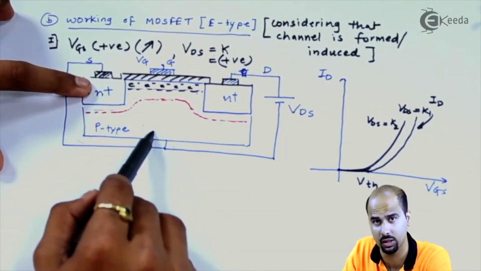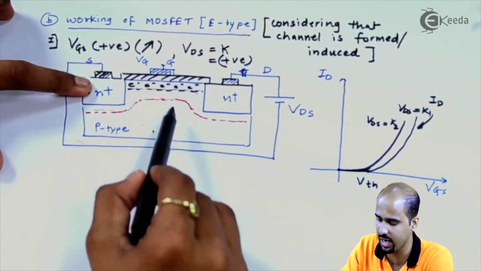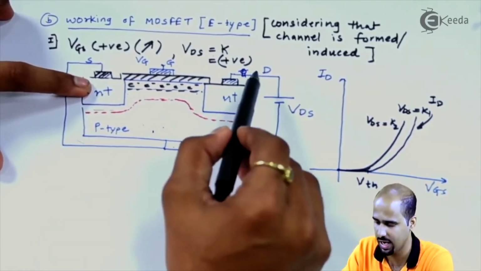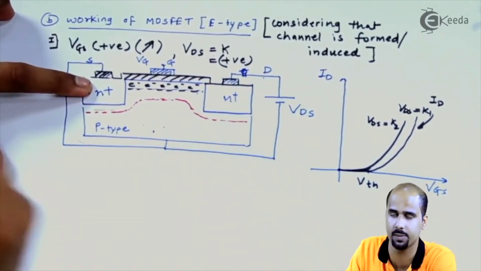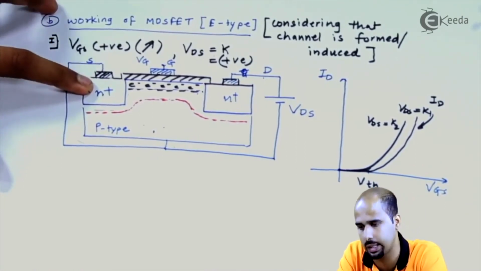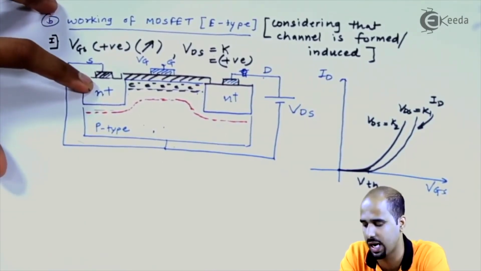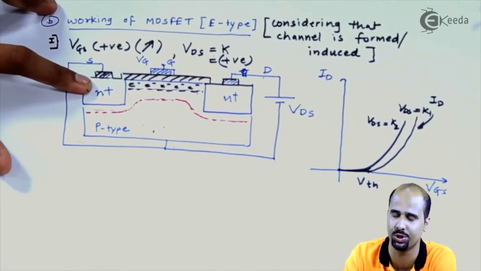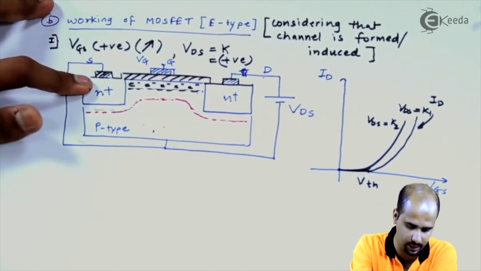But if I consider the gate and substrate junction and the drain and substrate junction, then there is something called a reverse bias situation. Then what will happen exactly?